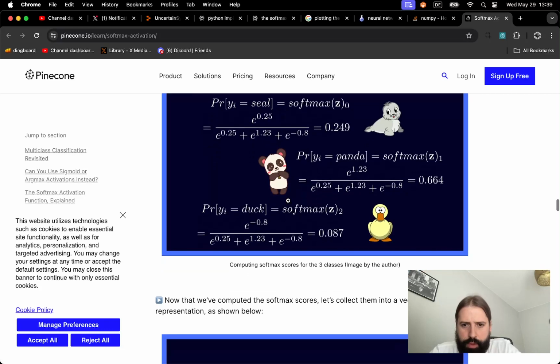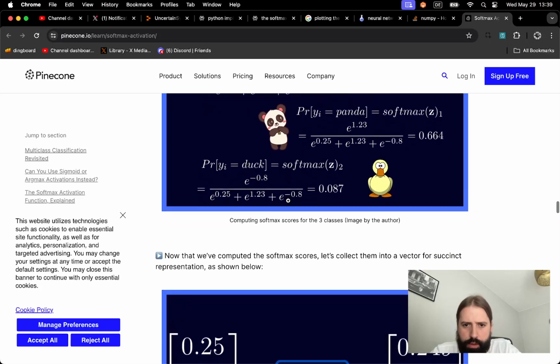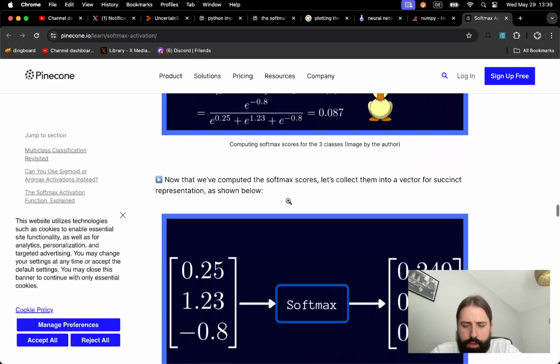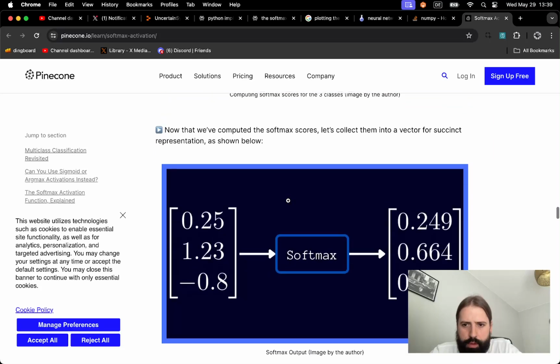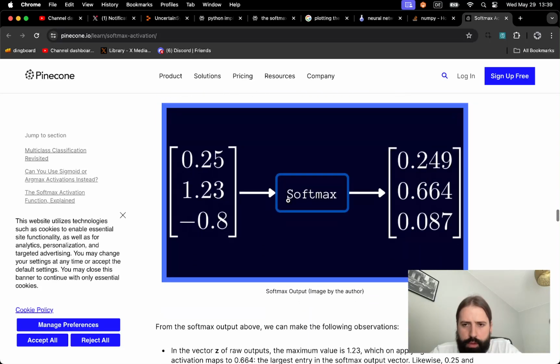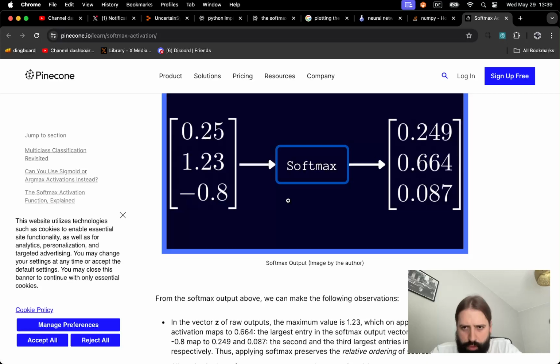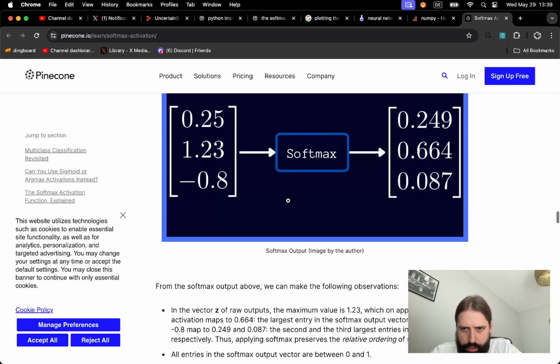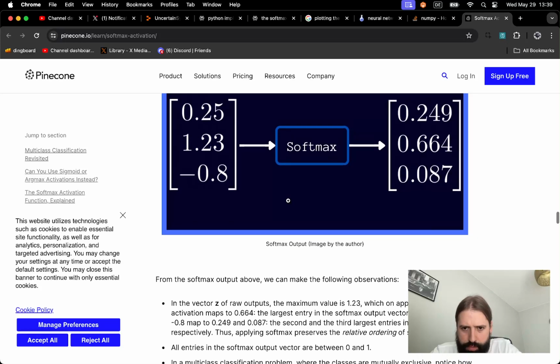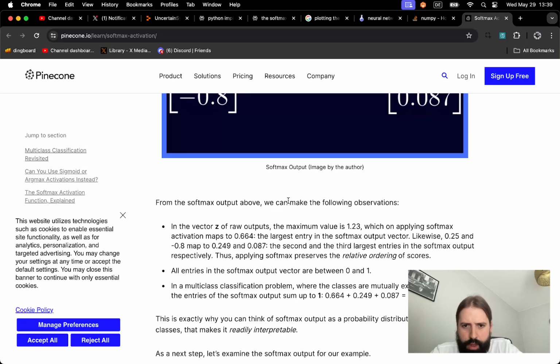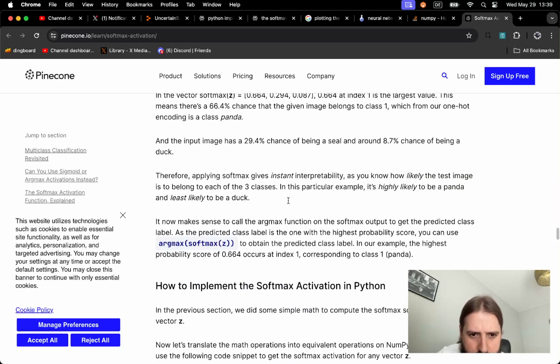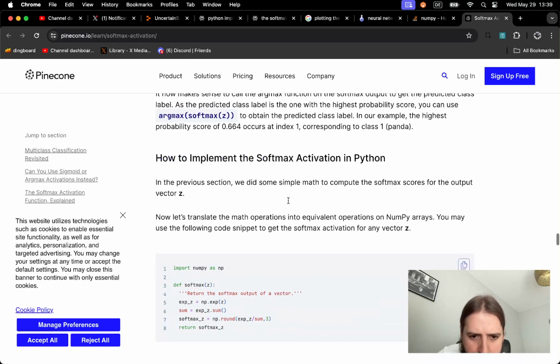I'm computing some scores for 3 classes. I'm not so sure. Softmax, how to implement the softmax function.